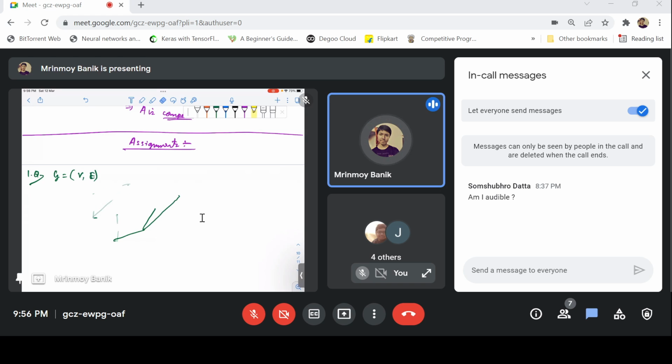So now the question is, let the number of vertices in the graph be n.